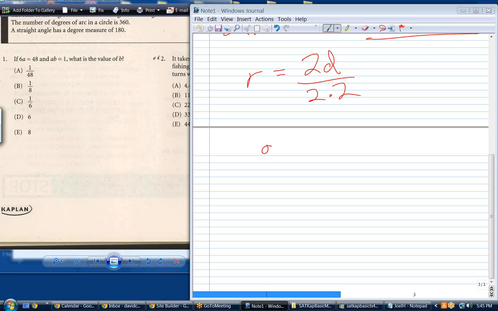Okay. So if A equals 8 and A times B equals 1, what is B equal to? 1 divided by 8. 1 over 8. So B. Correct.